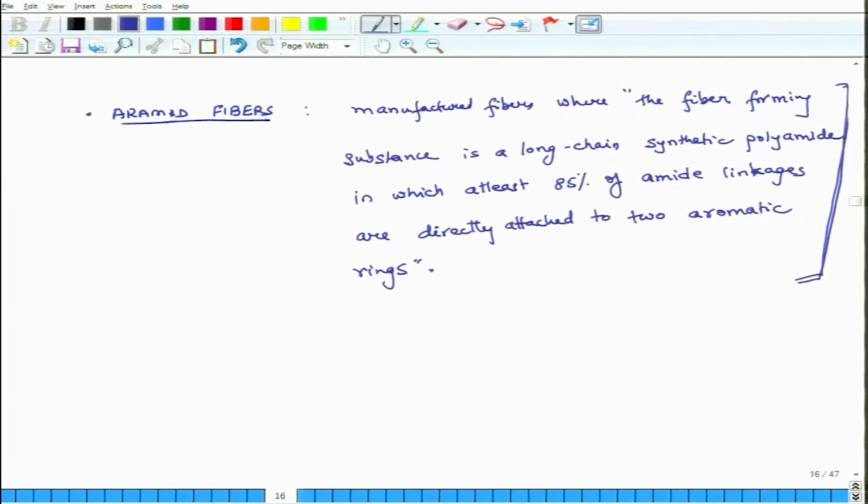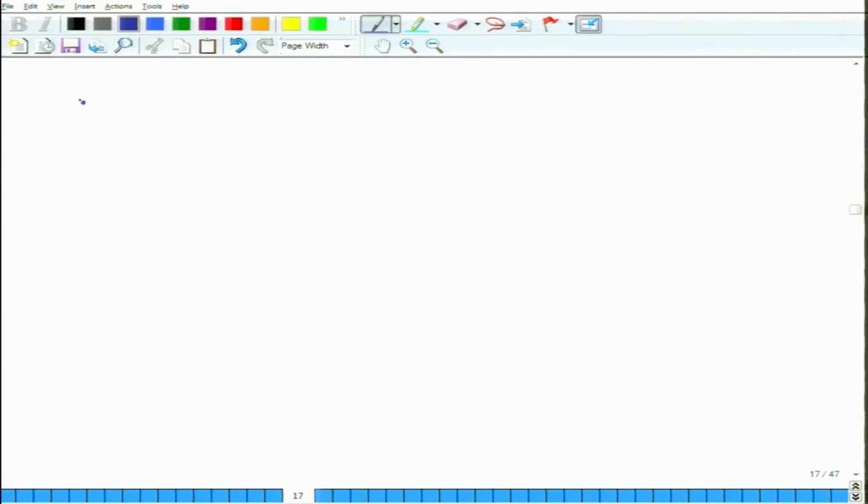Now, this is about chemistry, but what's more important is what is so special about these fibers. These are synthetic fibers and they have some very important properties, very interesting and unique fibers, different from graphite fibers and glass fibers. First thing, resistance to abrasion.